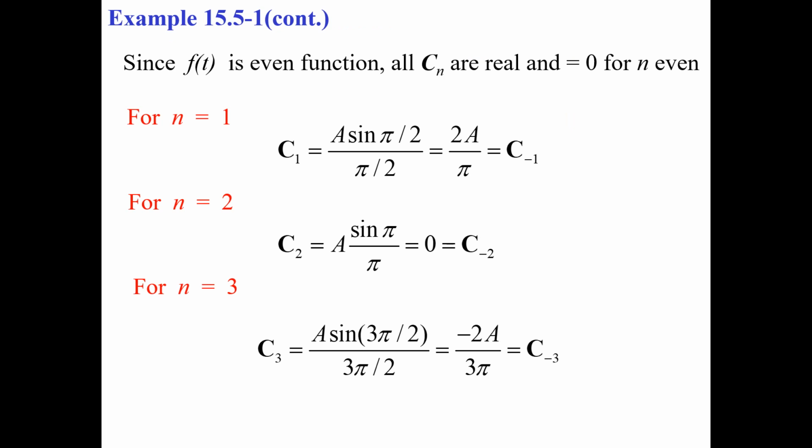Since f of t is an even function, all Cn are real and equal to 0 for n even. You already saw that. If you put the value n equal to 1, you will see a value; n equal to 2, you will see it is equal to 0; n equal to 3, there always exist some values. Also you know that it's a complex conjugate.